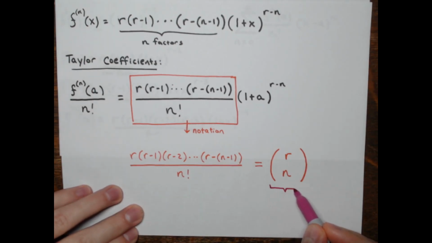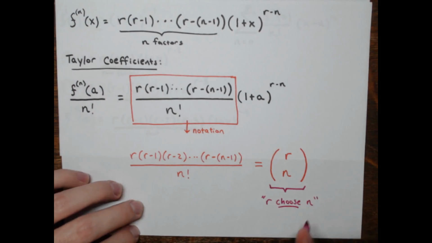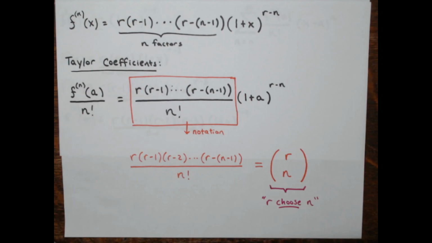And then this is sometimes said as r choose n. The reason the word choose is used here very often is because this symbolism comes up a lot in what's called combinatorics, or counting problems.